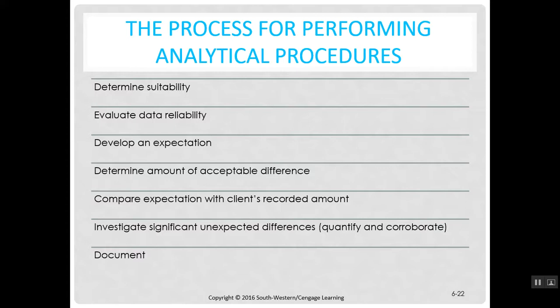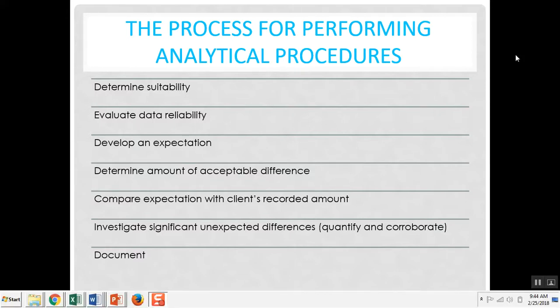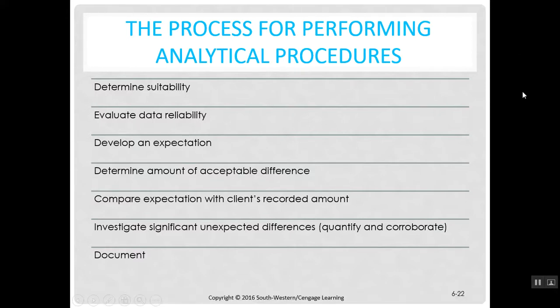So when we're performing analytical procedures, we need to determine whether or not it's suitable to do so, evaluate the data reliability, develop an expectation. Okay, this is where a lot of people get tripped up, in the part where you have to develop your expectation. What that means is when you're looking at a specific account, you expect things to happen, and it's not going to be the same every time.